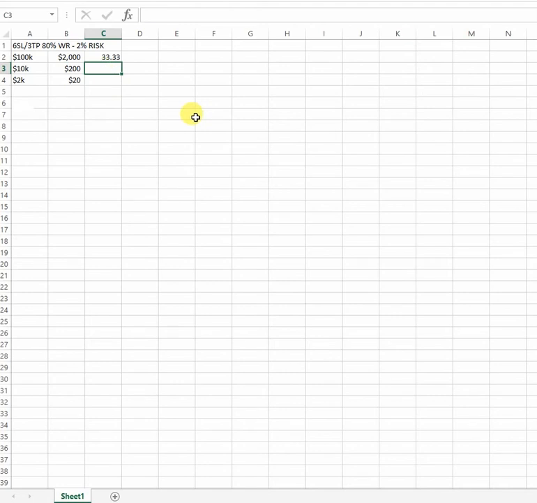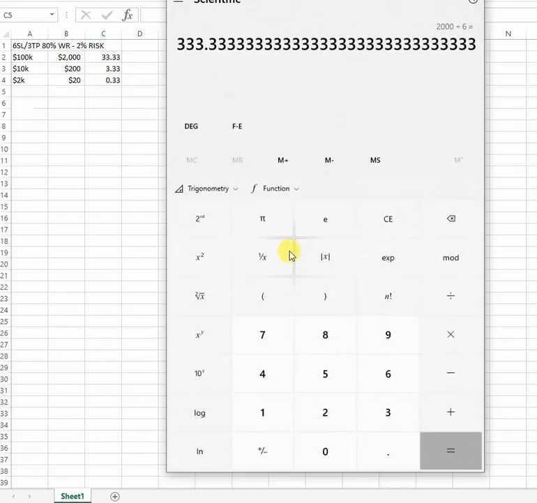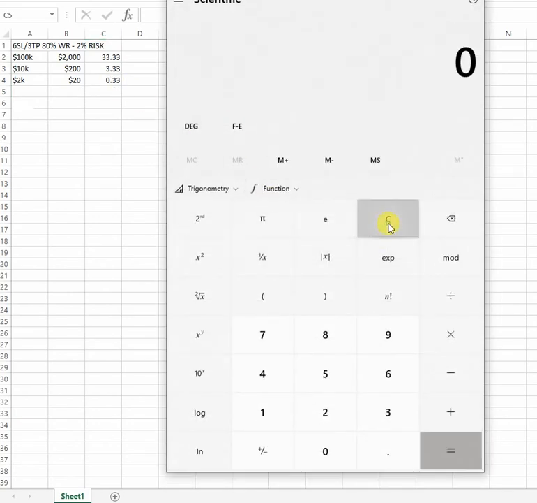And then for 200, it's going to be 3.33, if I'm not mistaken. And then this would be 0.33. Let's just do the math there. So $3.30 times 6 equals about 20 bucks, just under. And then $30.33 times 6 would be actually a little bit more.